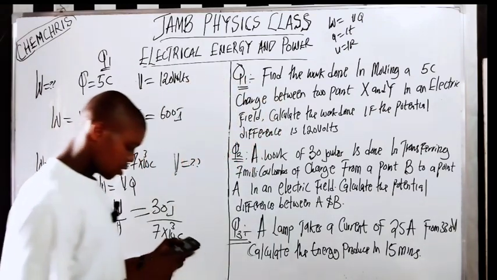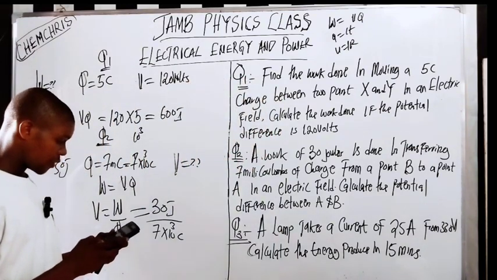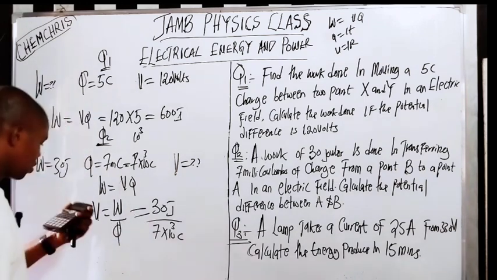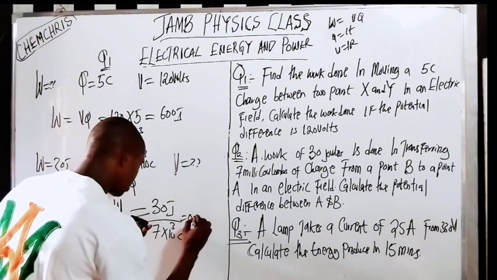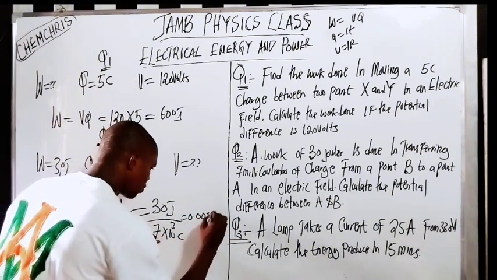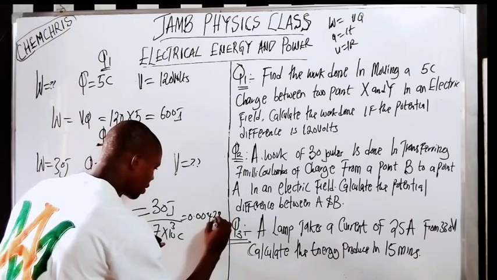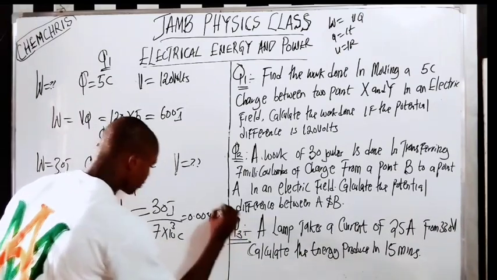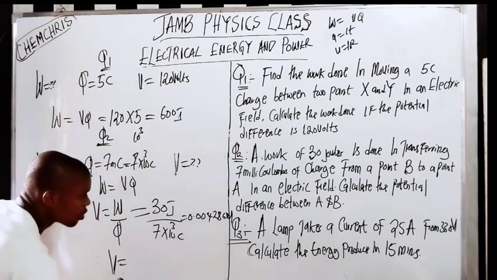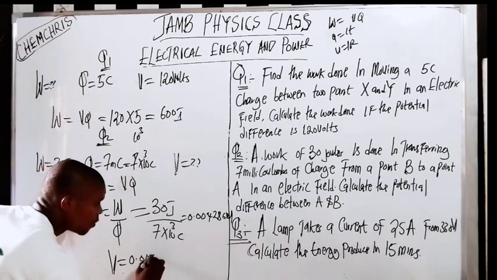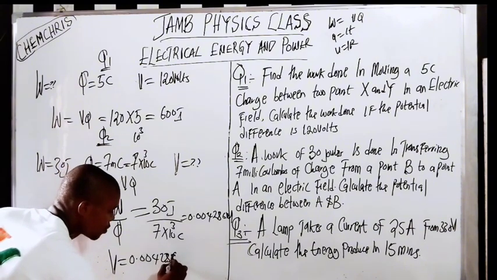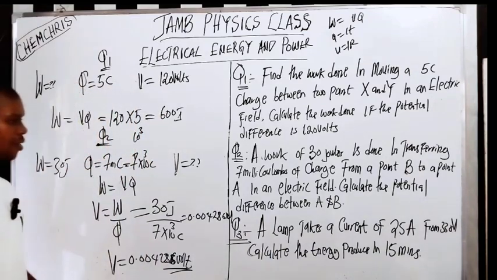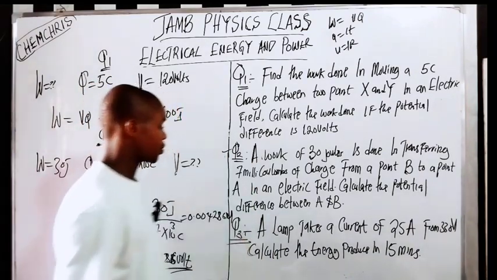So it's going to be 30 divided by 7 times 10 to the power of minus 3, which is 0.00428 volts. So V is equal to 0.00428 volts. That is it. Just done. So that is it for question 2.